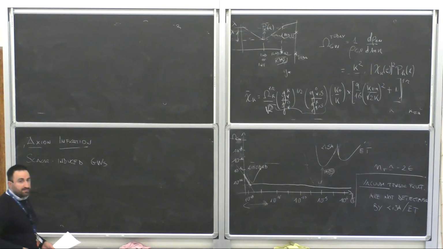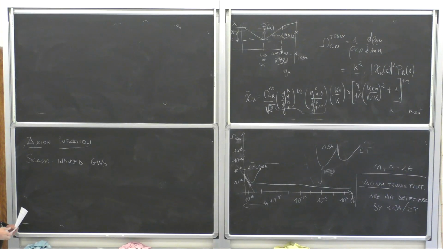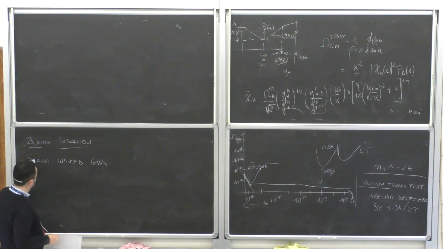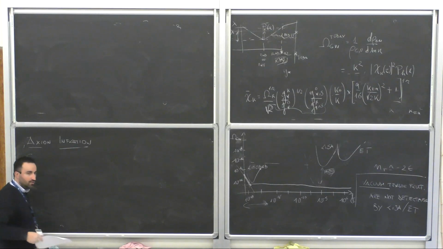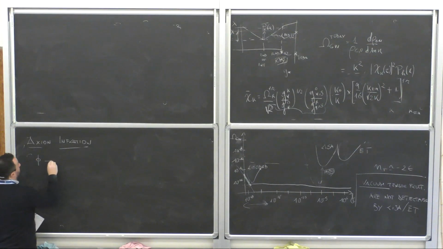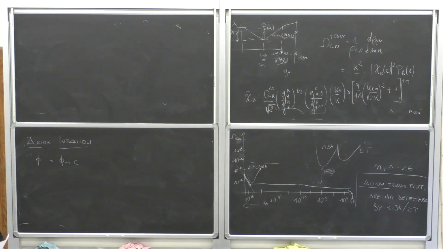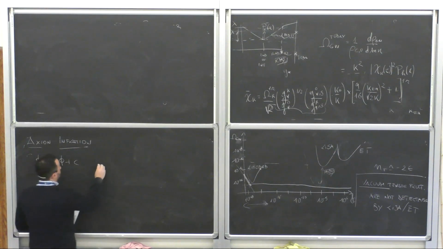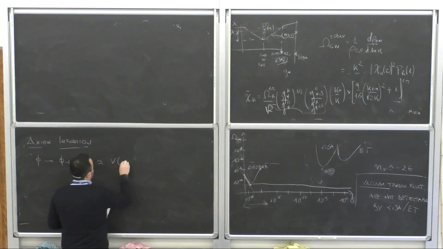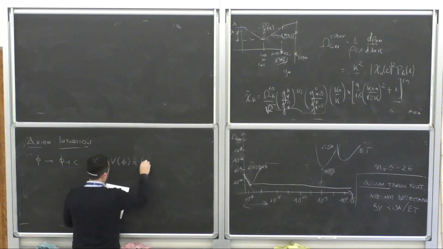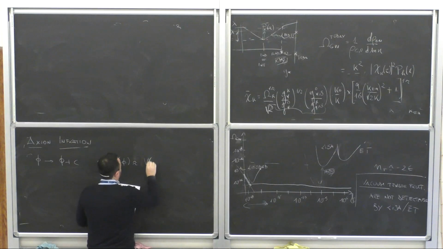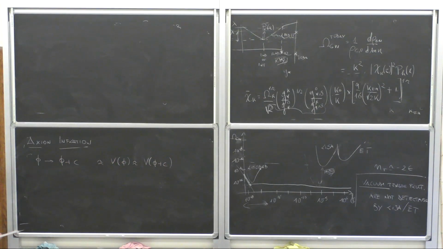So this means that it is completely safe to assume a kind of shift symmetry for my field. I'm on a flat potential, so whatever rescaling I do, I don't change much. So my potential is invariant under some translation.